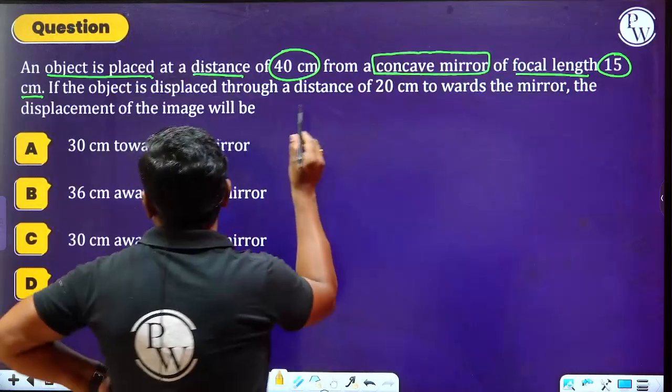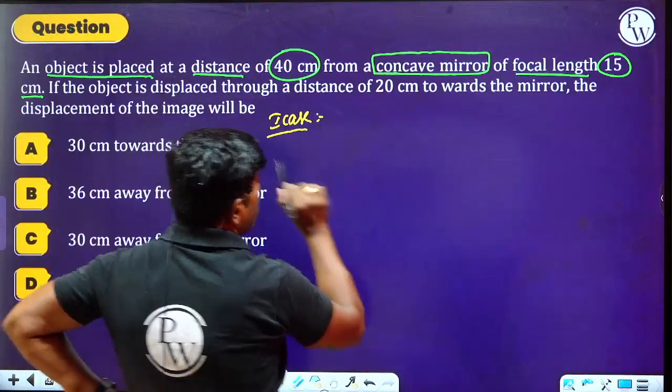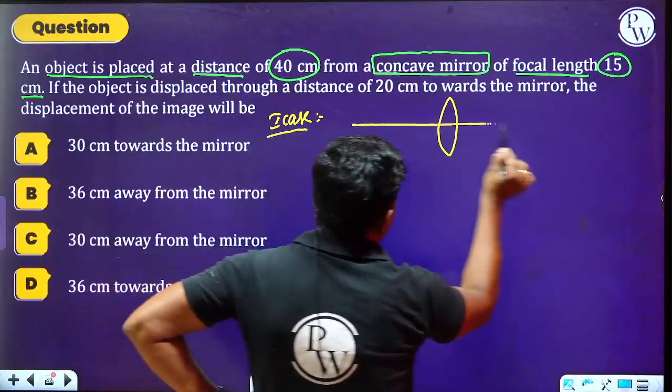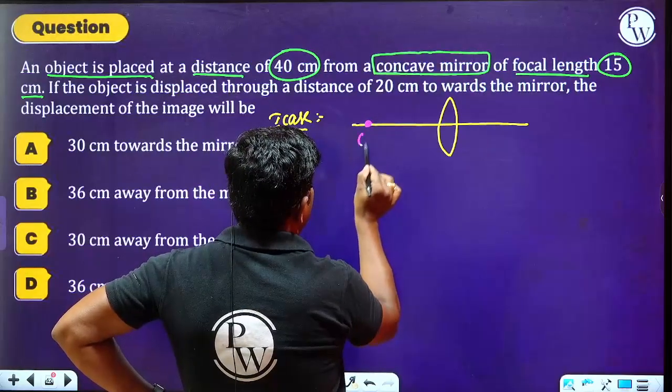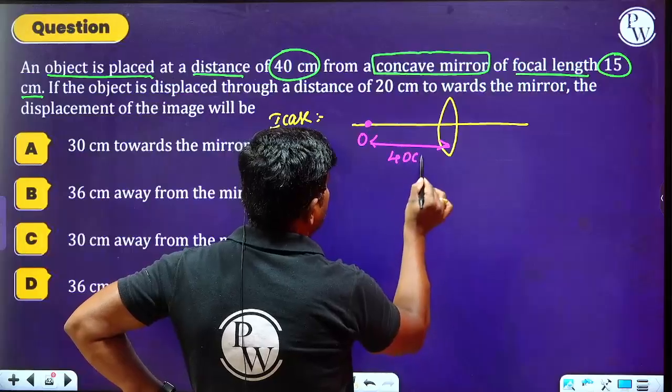So please observe this first case. Case 1. Look at the board carefully. Initially, the object is at a distance of 40 centimeter.